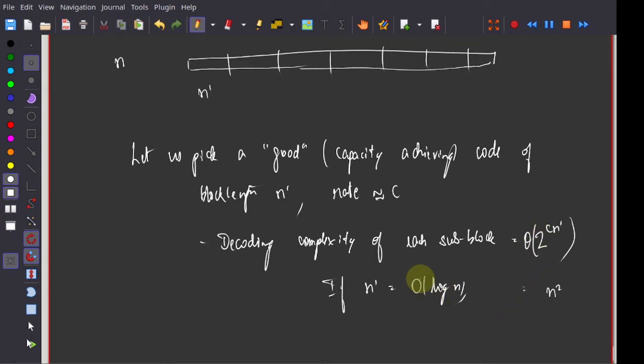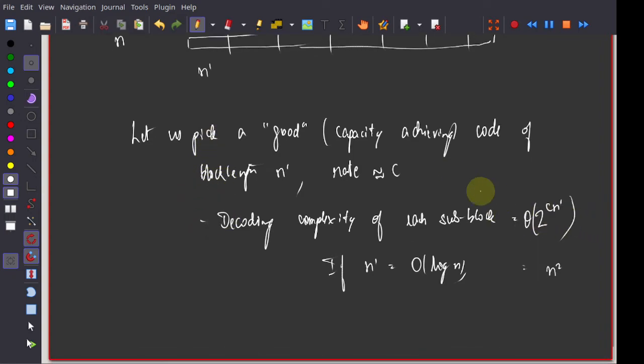I'll choose the constants carefully enough so that the overall decoding complexity turns out to be n square. This is whatever the decoding complexity of each particular block. Fine, let's take that this is some polynomial.